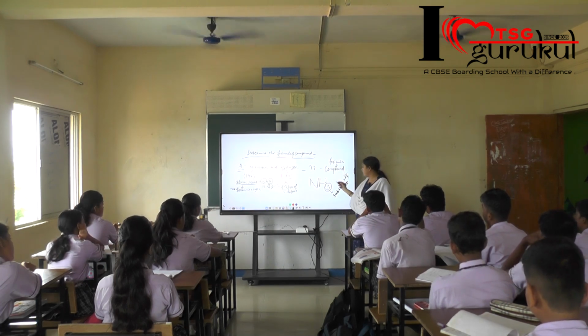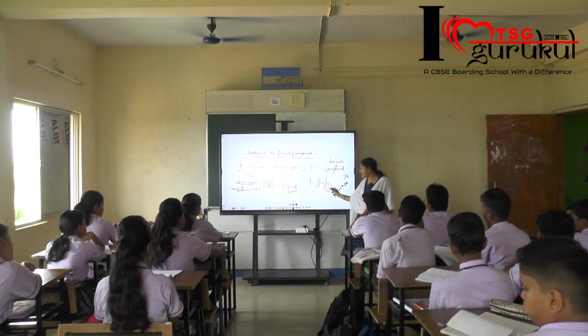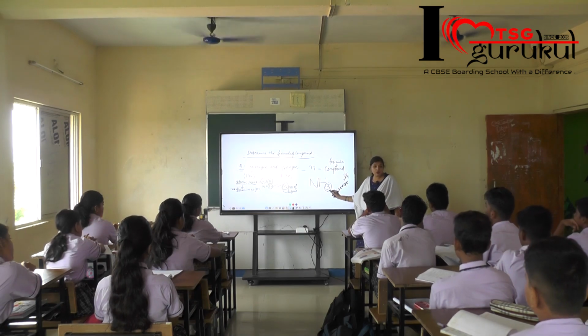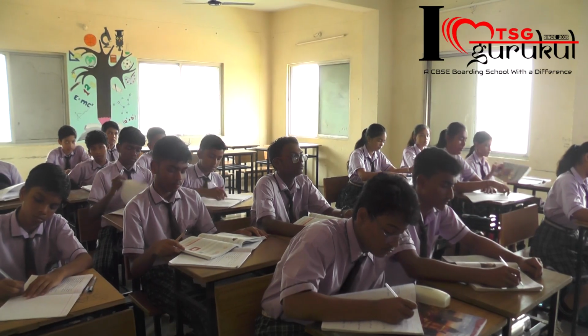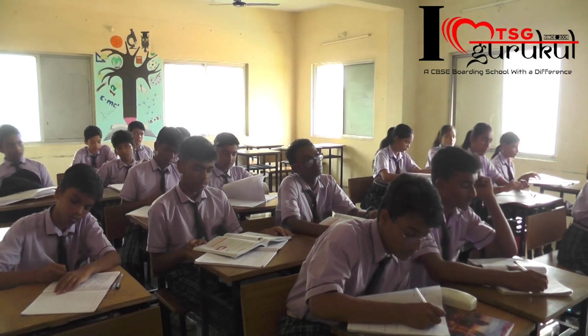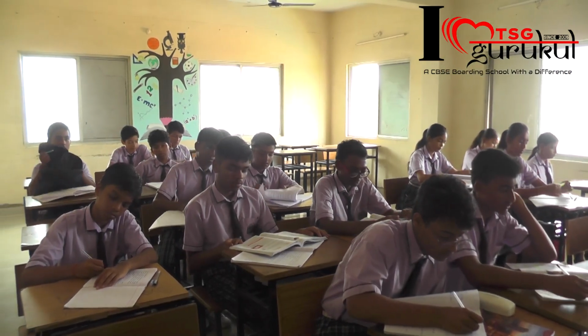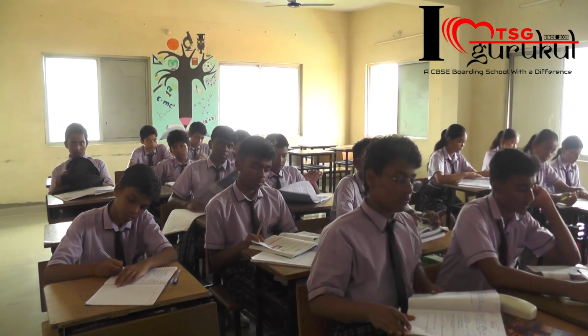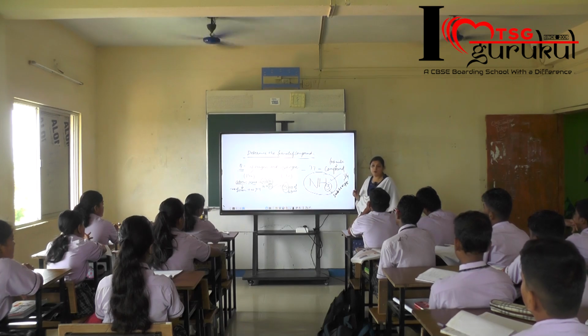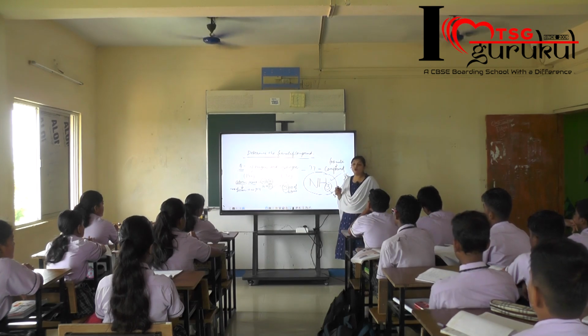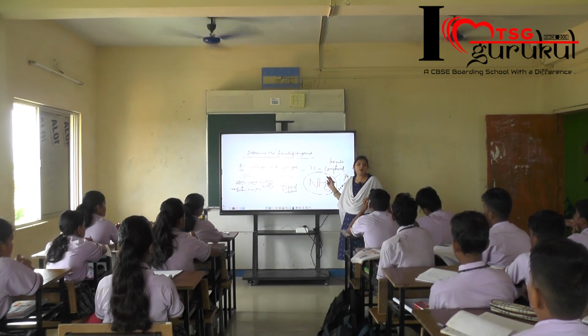So whenever we form a formula, we write the number of atoms below the symbol, and it is called subscript. Now what is the formula we have got? NH3.